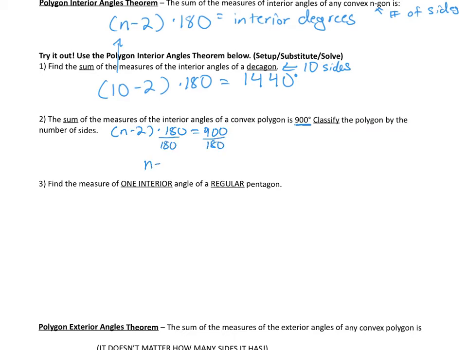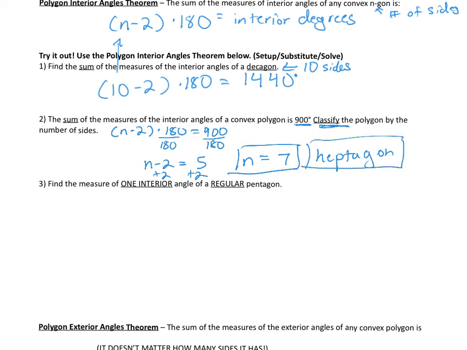So then I have n minus 2 equals 900 divided by 180, which is 5. Now I just got to add 2 to both sides to solve. That gives me n equals 7. So it is 7 sides, which is a heptagon. They want us to classify it. So heptagon is my answer.